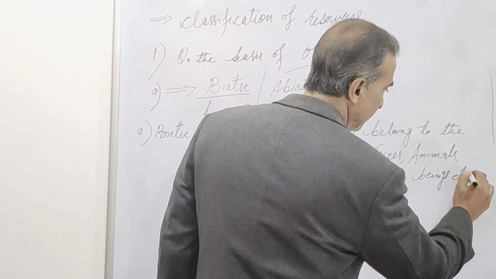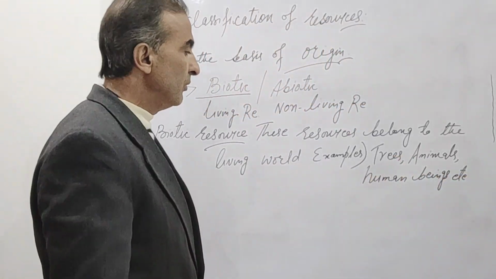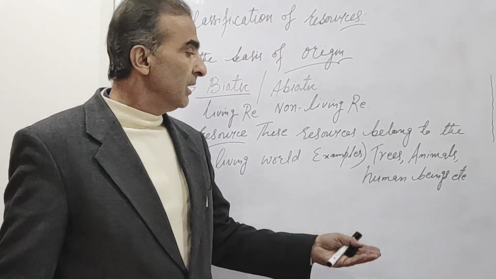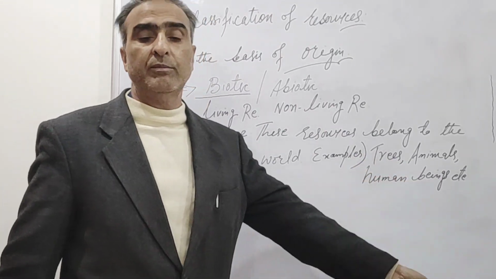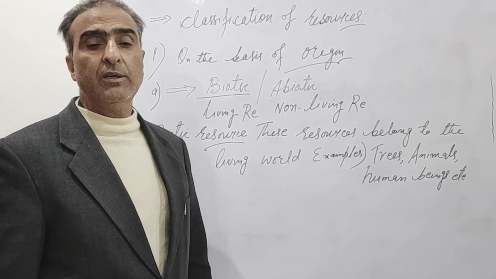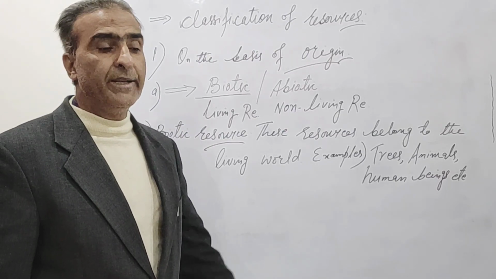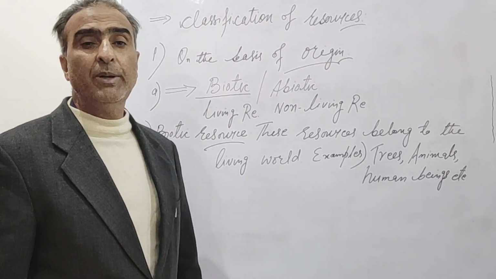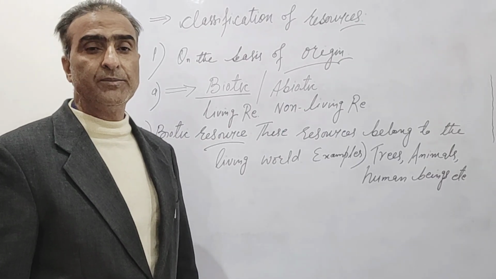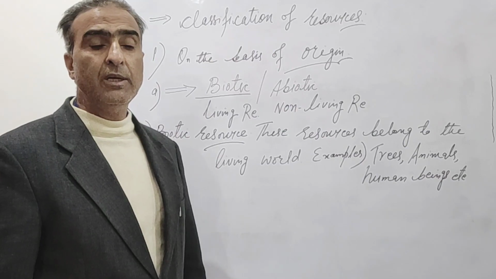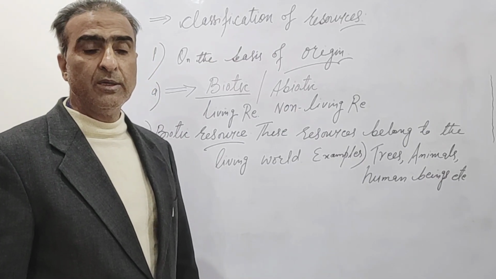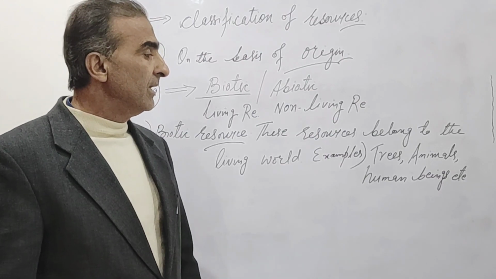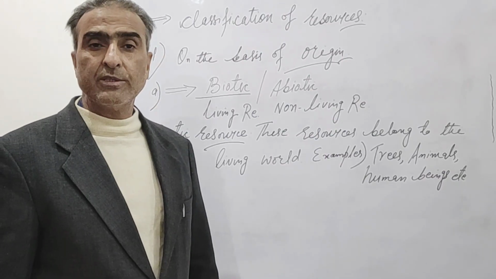When we write etc., besides trees we have other types of plants including agriculture plants, vegetable plants, fruit plants, flowering plants, non-flowering plants, grasses of various types, all can be called biotic resources.